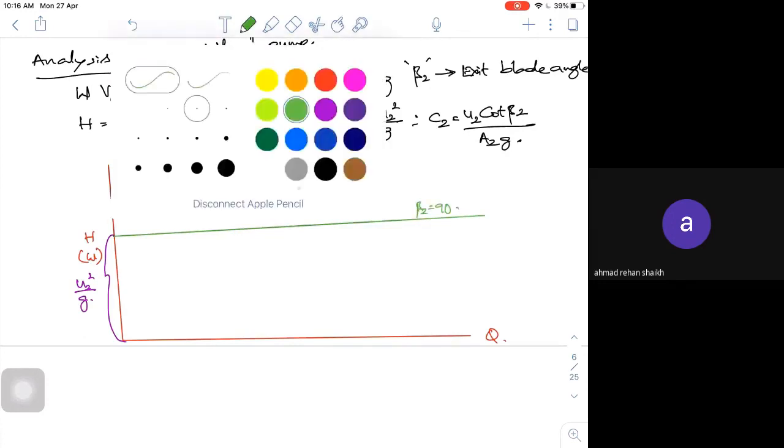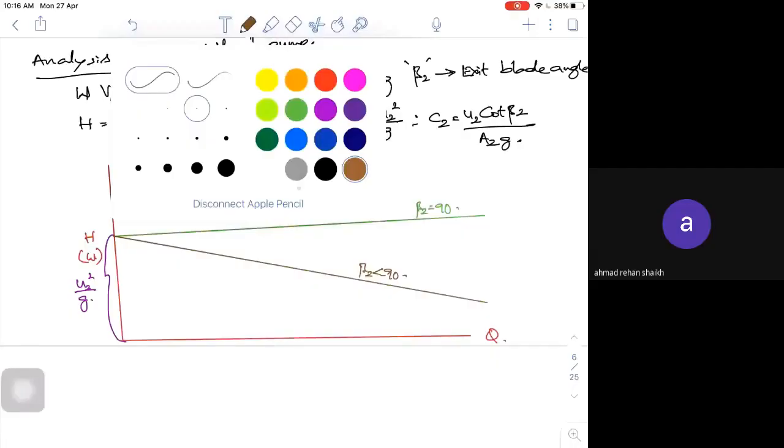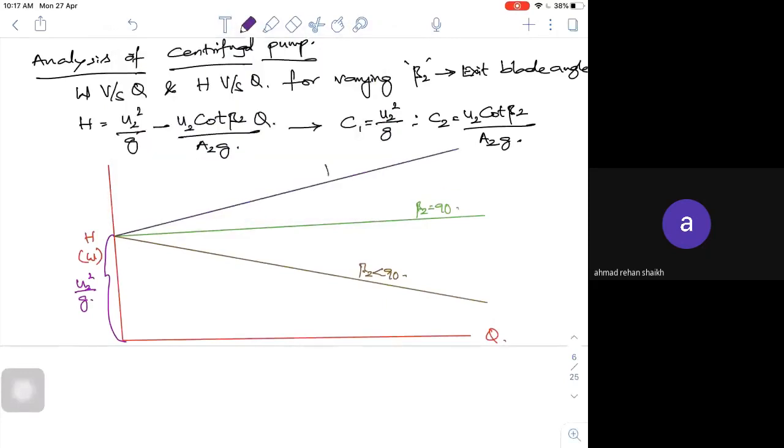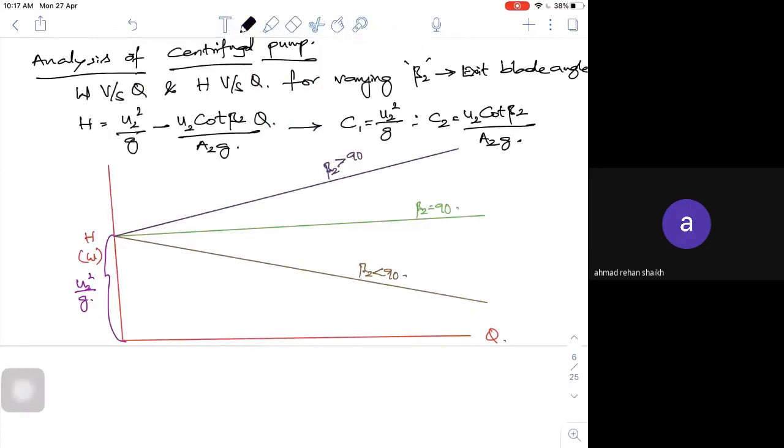If my beta 2 is less than 90, I would have got this kind of curve, and if my beta 2 is greater than 90, my curve will be something like this. Already we have done this exercise, just a recap. There it was with respect to work done.